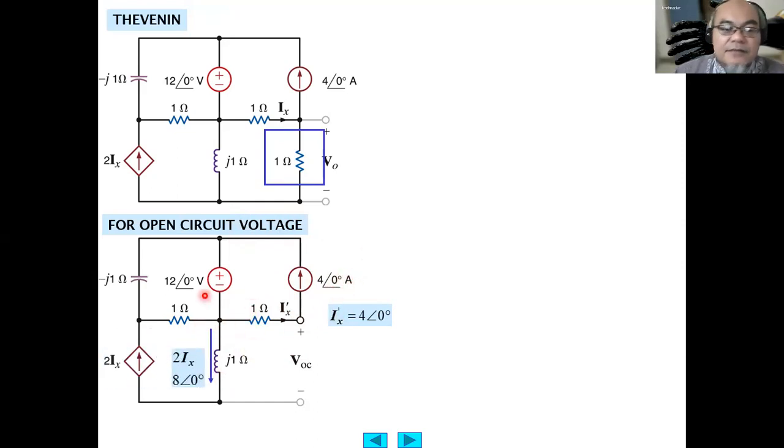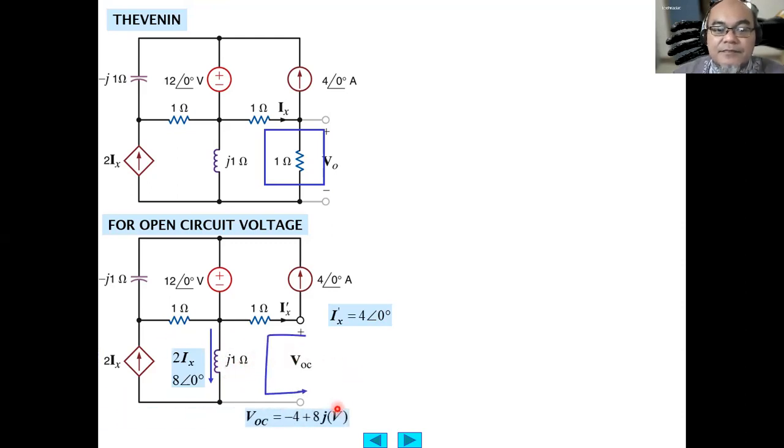And the current flowing through here, in the same loop with this one, equals 2Ix also. Since Ix is 4 ampere, this 2Ix equals 8 ampere with phase angle of 0 degree.